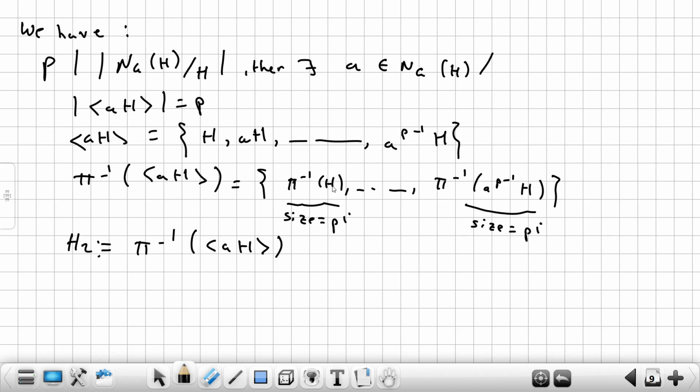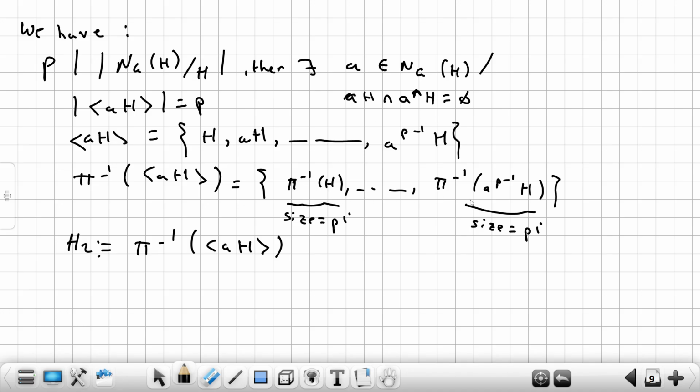Now these sets are disjoint, of course. These sets are disjoint since the cosets partition H, and so AH, let's say, for example, intersect A^m H or A^n H or A^r H is equal to phi.